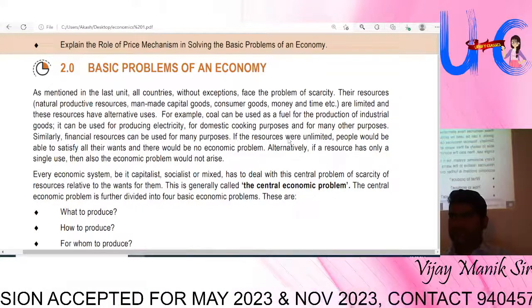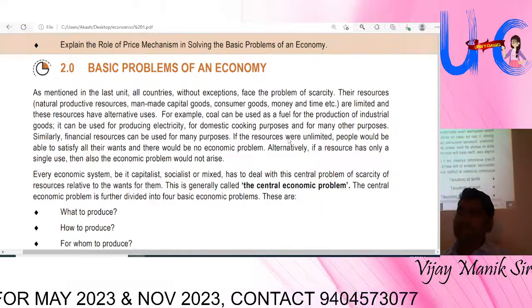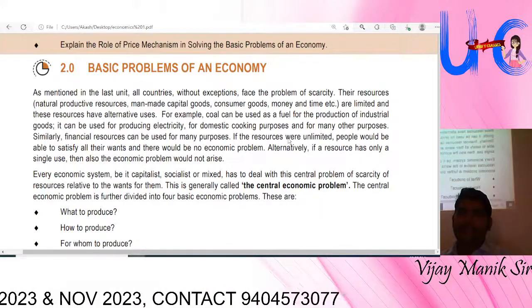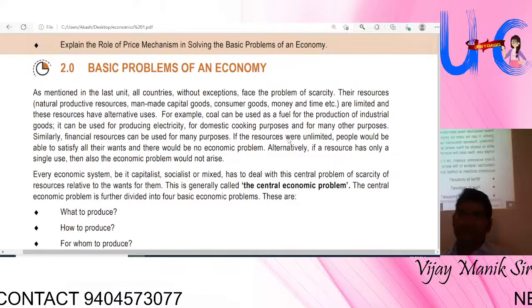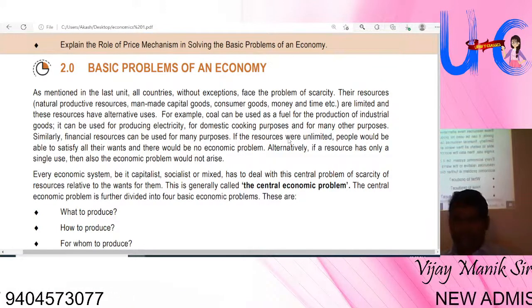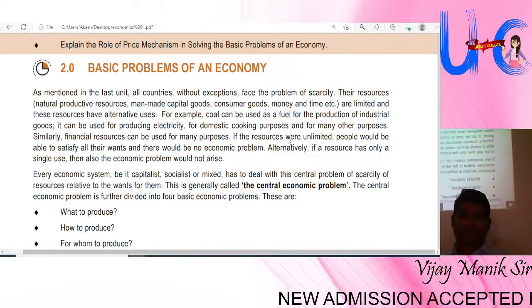I will give a very simple example. Suppose the country needs a particular commodity, and capitalists have that particular commodity. The capitalist can donate it for the nation.